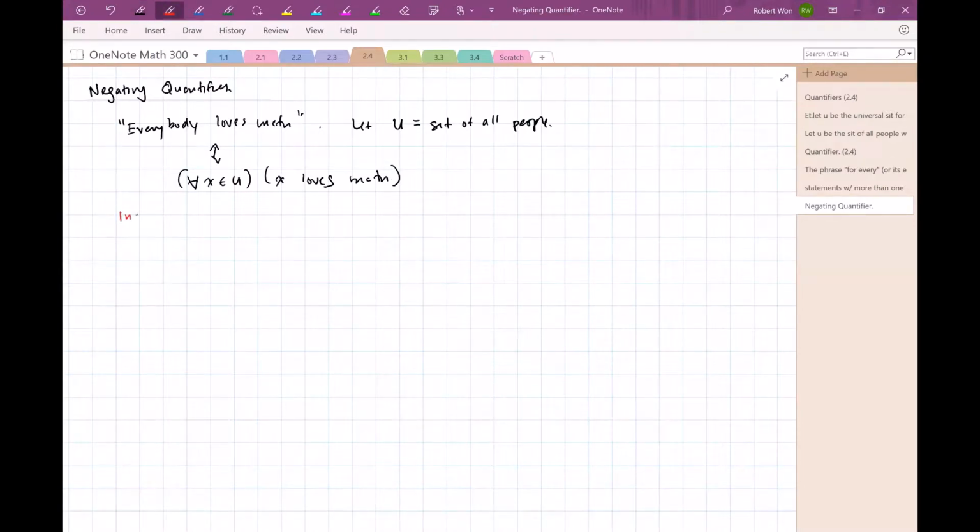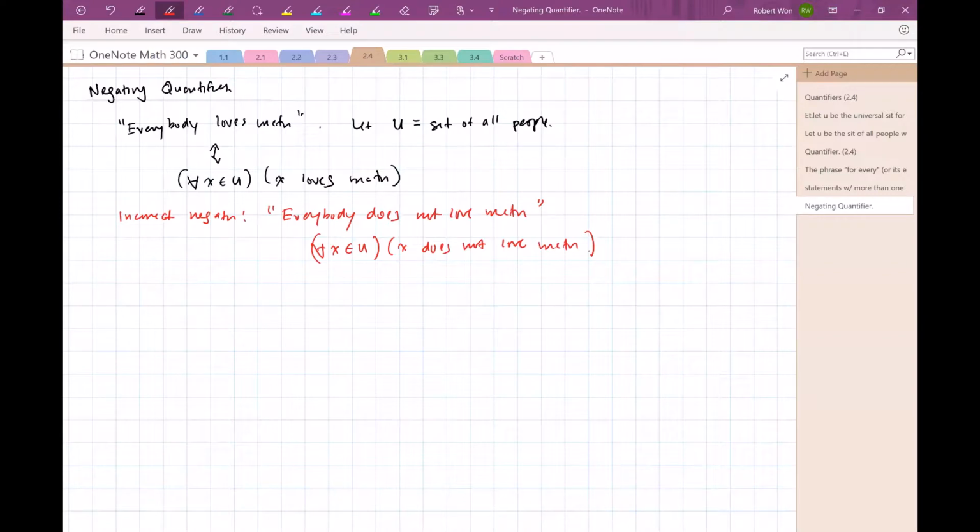So the incorrect negation is everybody does not love math, which in symbols would be for every x in U, x does not love math. But this is incorrect because this is way too strong to be the negation.